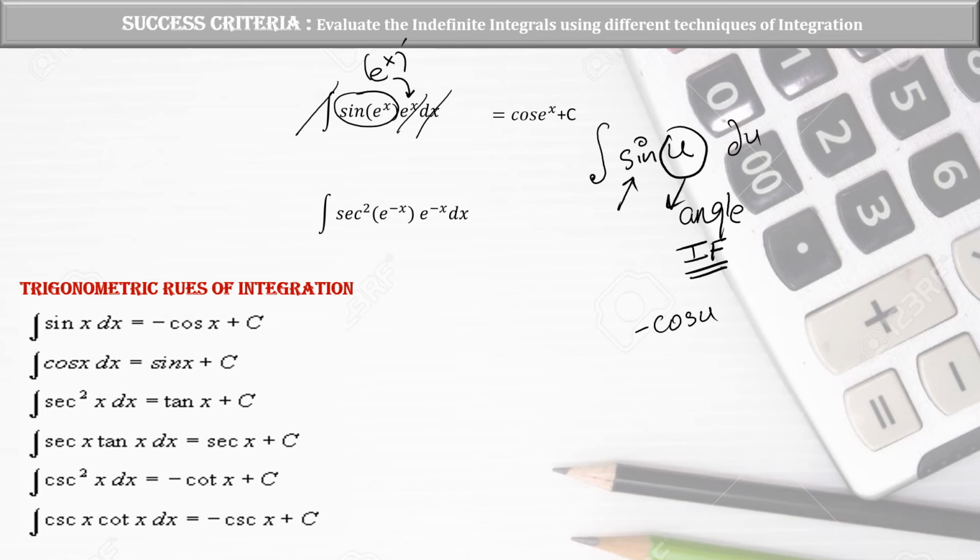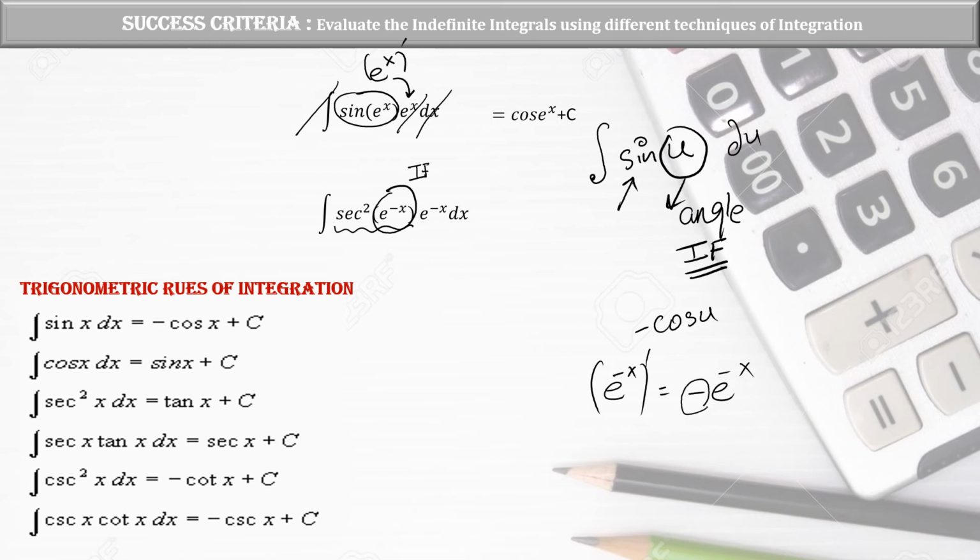One more question: secant square e to the power minus x, e to the power minus x dx. Although there is a power, I know that there is only one trigonometric function, that is secant. In such cases, take the angle as the inner function. What is the derivative of e to the power minus x? That is negative e to the power negative x. Now what is missing in the function?